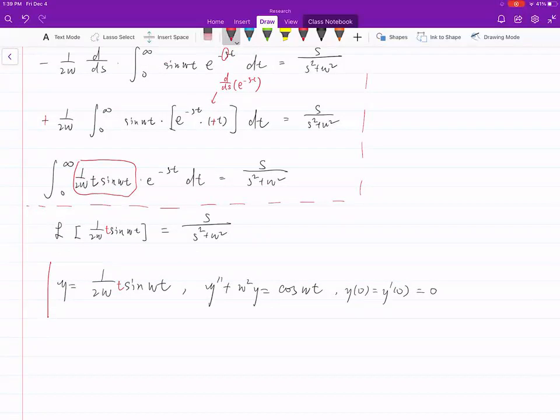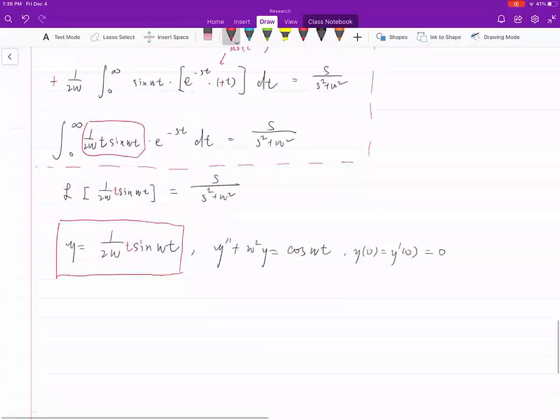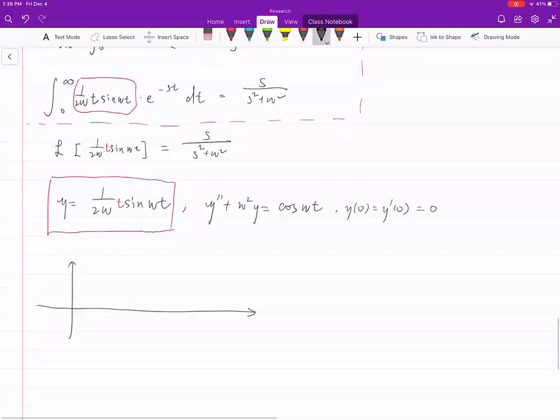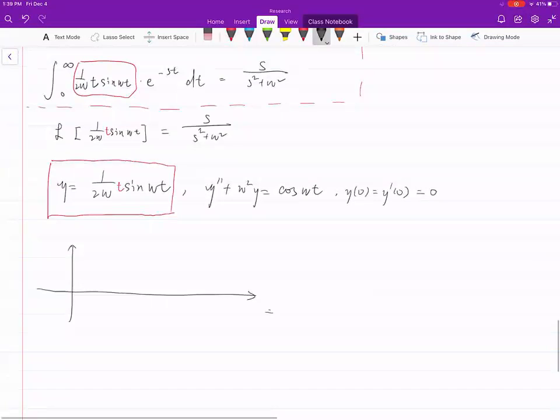Do you see a resonance effect? What is sine omega t? Forever, right? What about the y we write down?